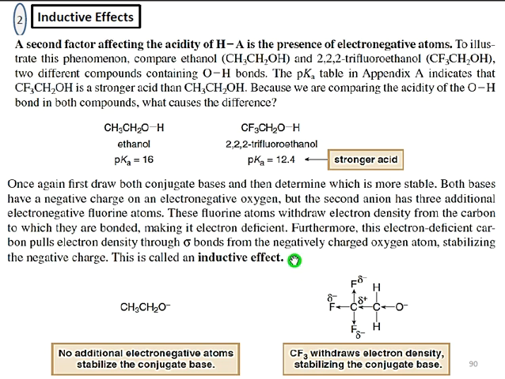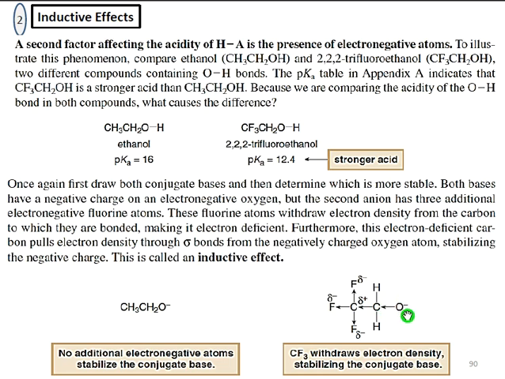These fluorine atoms withdraw the electron density from the oxygen. That means this fluorine helps the oxygen by withdrawing electron density. Look at the arrow on this side. They will be electron withdrawing groups, and make the negative charge more stable.